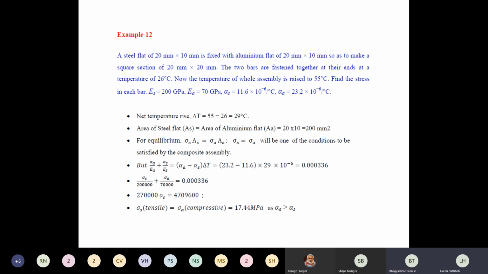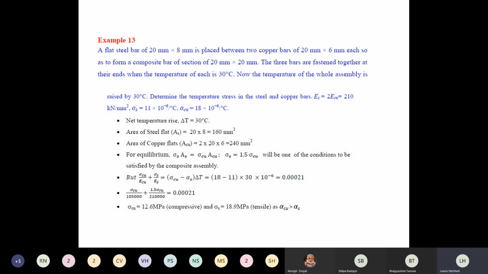From this, of course, the question did not ask you whether it is tensile or compressive. But depending on the diagram, we have written that stress for copper is compressive and stress for steel is tensile. The reason is also written: alpha for copper is greater than alpha for steel.